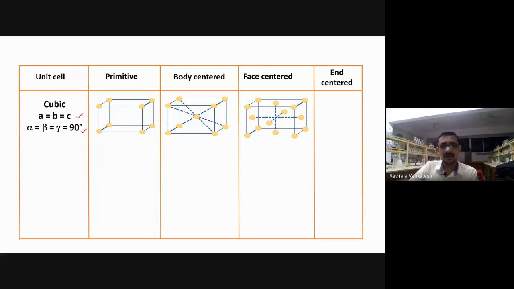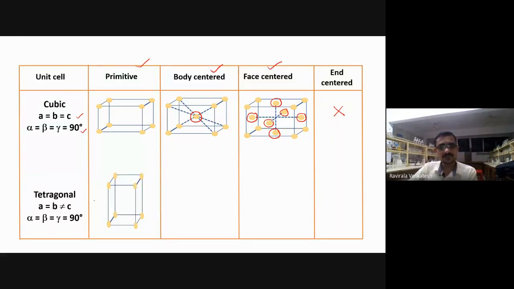If I keep a constituent particle at the face centers, it becomes a face centered cube. Now in this we don't have end center. In the cubic system you may have primitive, body centered, and face centered. Next is the tetragonal.